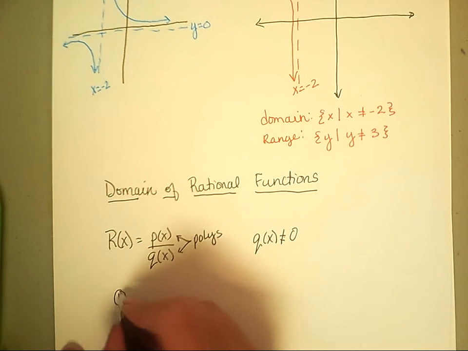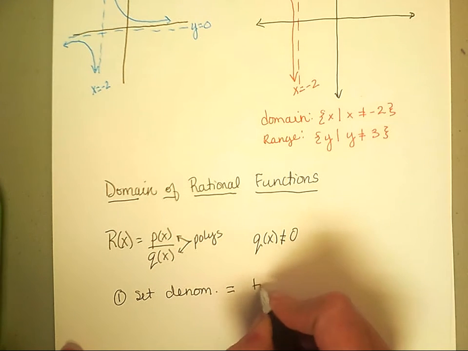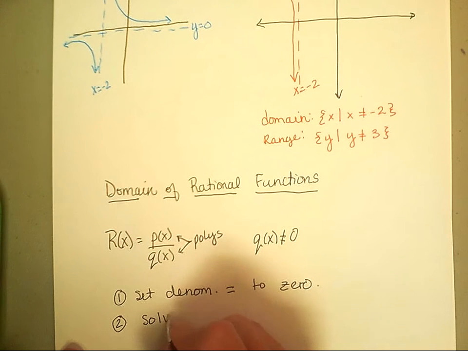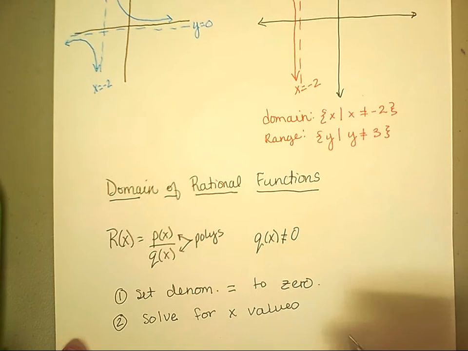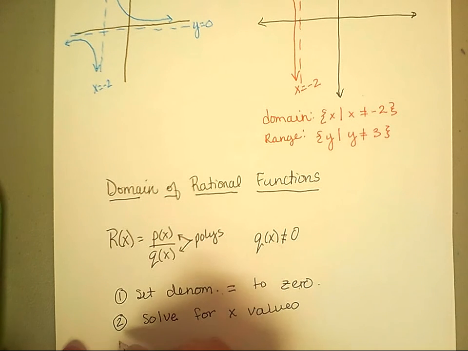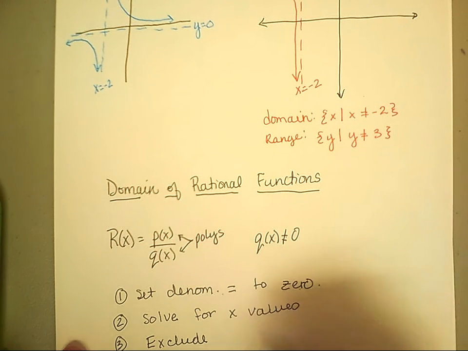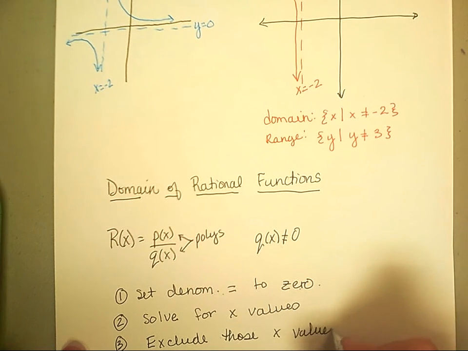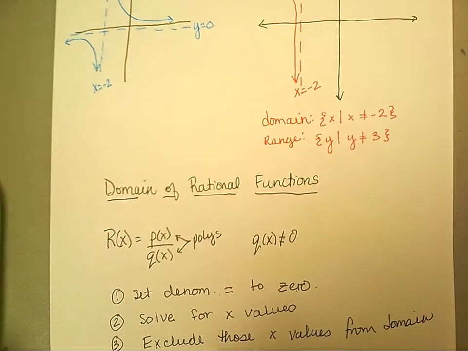We need to, number 1, set the denominator equal to 0, and then we'll solve for the x values that make this equal to 0, and then we'll exclude those x values from our domain. Everything else will be fine.